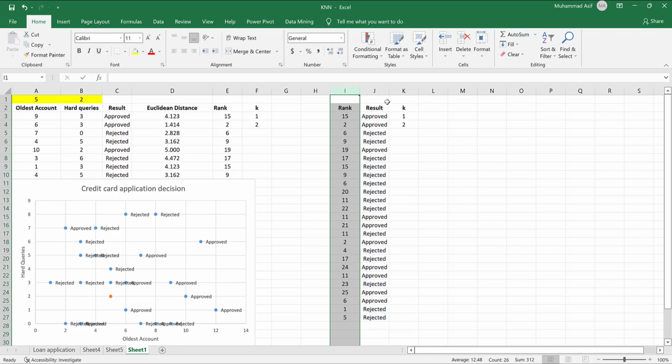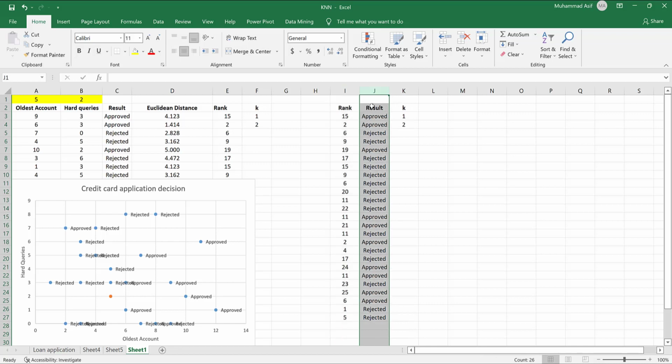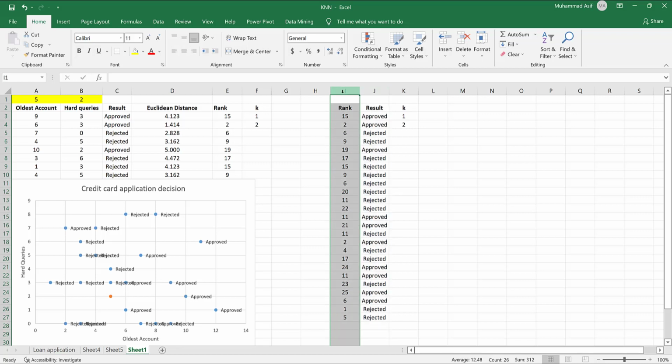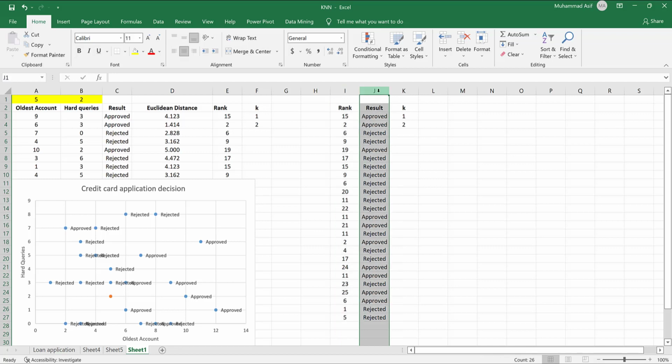and the column from which values need to be pulled out, the decision categorical variable, should come later. So first is the column against which these k values need to be matched, and then the column from which values need to be pulled out should follow.